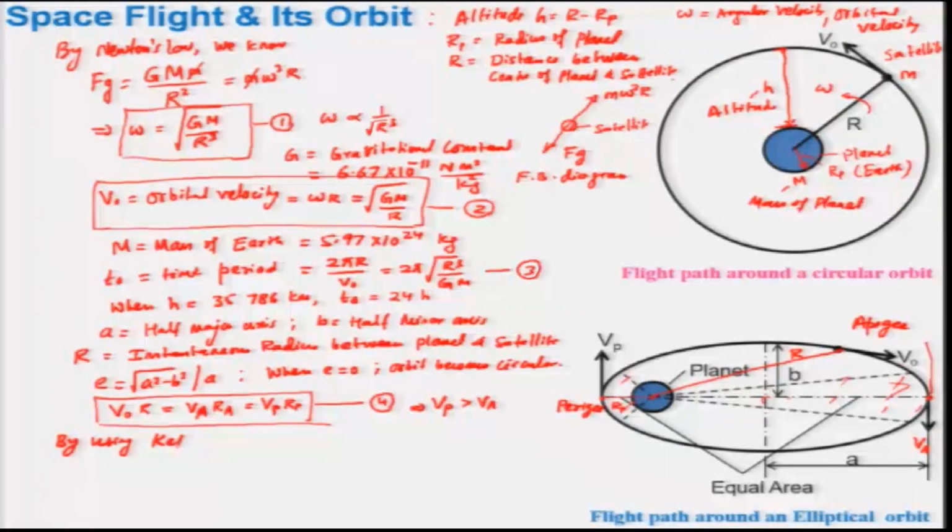And by using Kepler's law, we can have a relationship for the orbital velocity: V naught is equal to root over GM times (2 by r minus 1 by a).